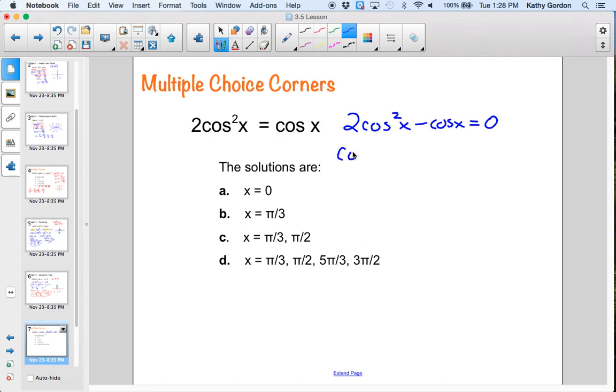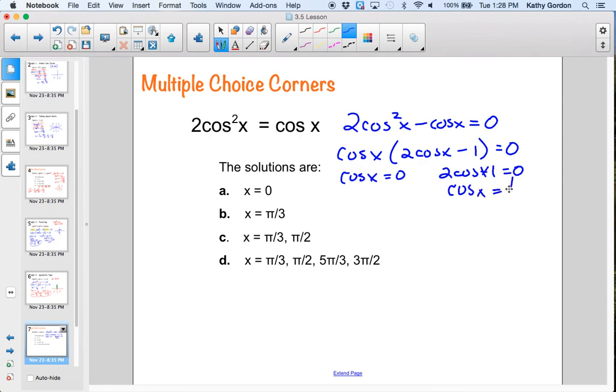We can factor out the cosine x. That's going to leave a 2 cosine x minus 1. Right? So that means we can figure out when cosine x should equal 0, and we can figure out when 2 cosine x minus 1 should equal 0. Which means this is when cosine x should equal 1/2.